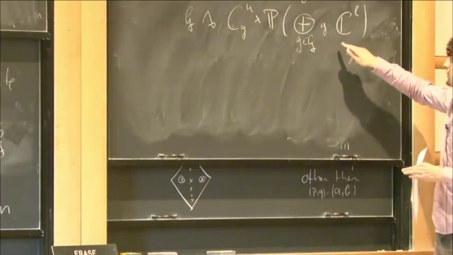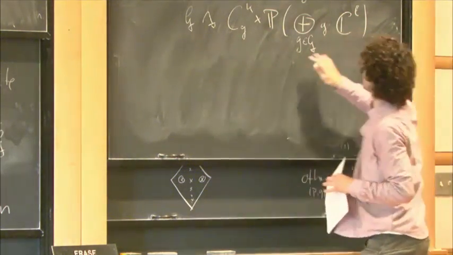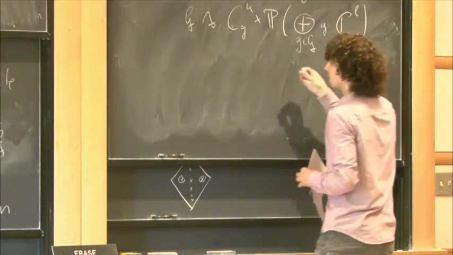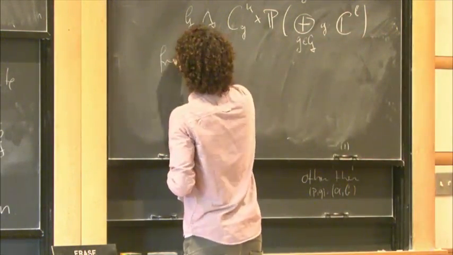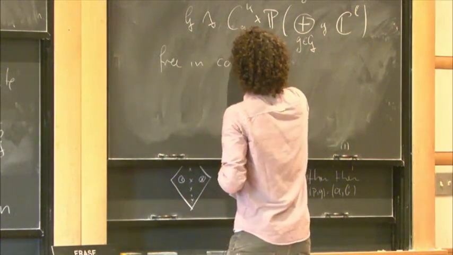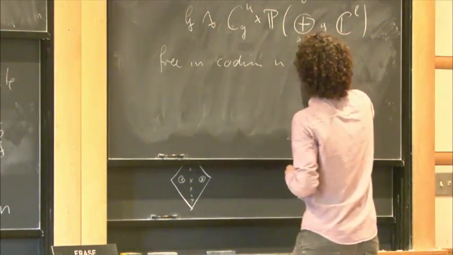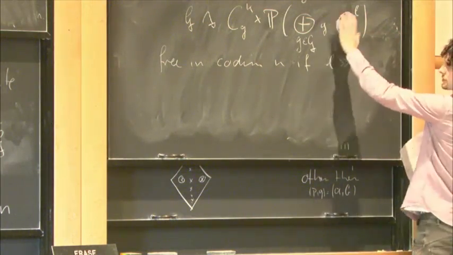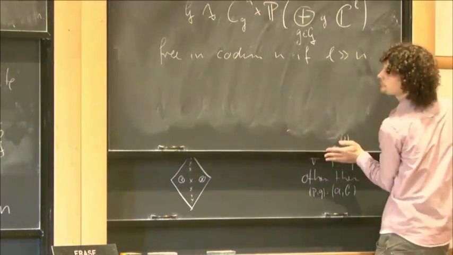An element h here maps this vector e_g to e_{hg}. And this is free in codimension n if L is large enough, because it permutes a lot of stuff.